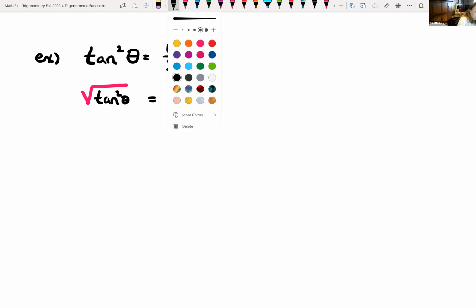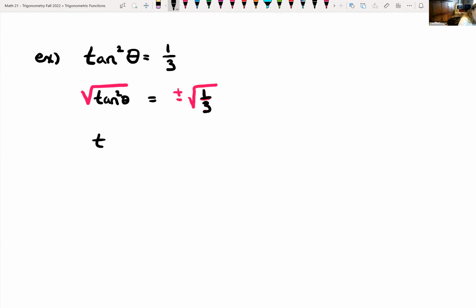And so tangent theta is equal to plus or minus, well, if we have a square root of a fraction, we can look at it as the square root of the numerator over the square root of the denominator. Square root of 1 is 1, all over square root of 3.